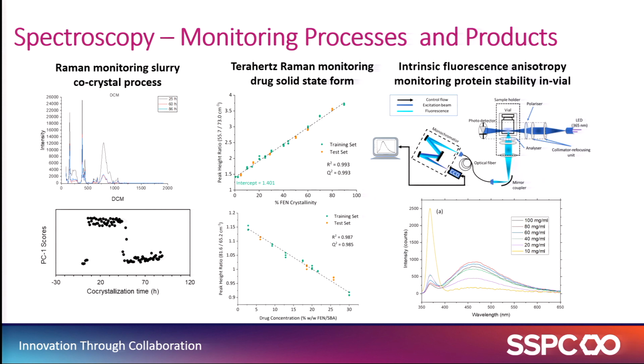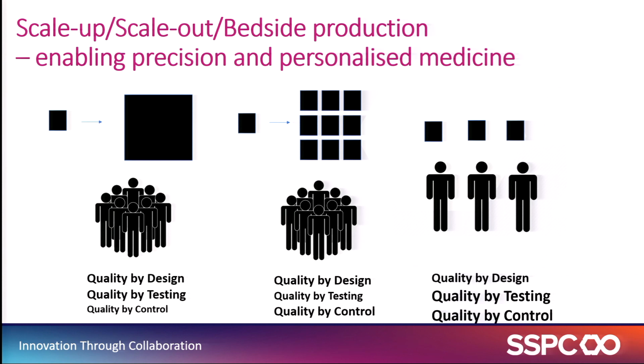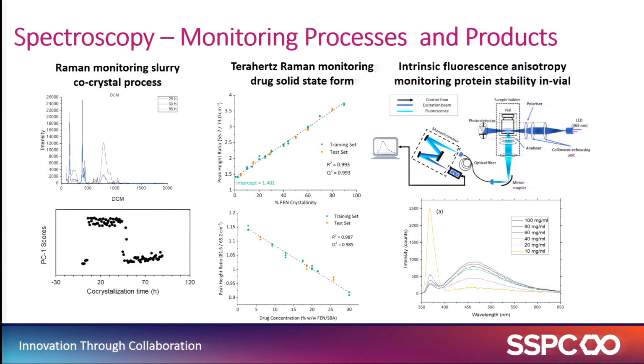This is some nice work from Brian Kearns, who's just recent with collaboration with our Anne-Marie Healy in Trinity, using terahertz Raman to monitor the amount of crystalline or amorphous drug in a drug silica system, and some nice work by Khalid El-Kassas, working with Kappa in Munster Technological University, designing a fluorescence rig that can look at the protein stability in vial. So all these would support this idea of precision medicine and advanced manufacture.